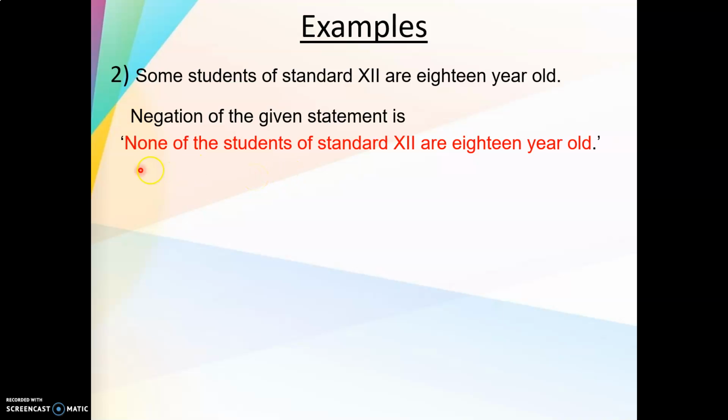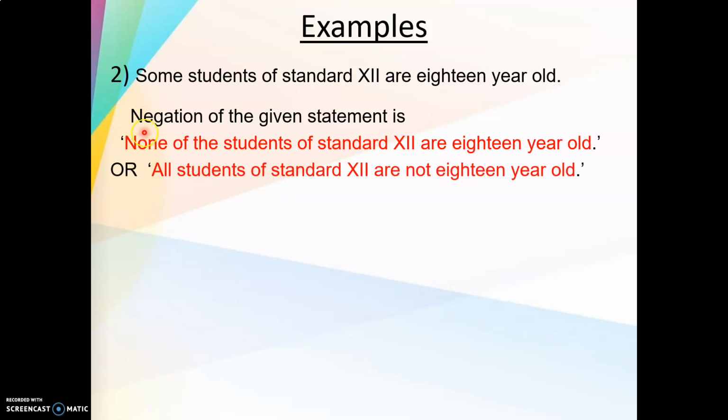That means the word none is used in the beginning of the statement. So it became negative now. Or you can write the word some is replaced by all. So all students of standard 12 are not 18 years old. So we have applied negation here in between.